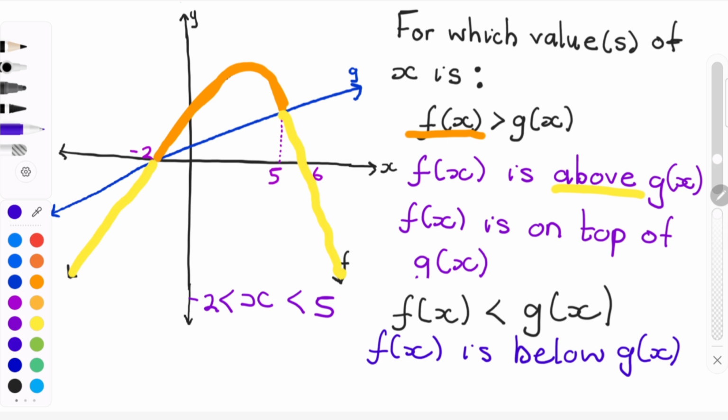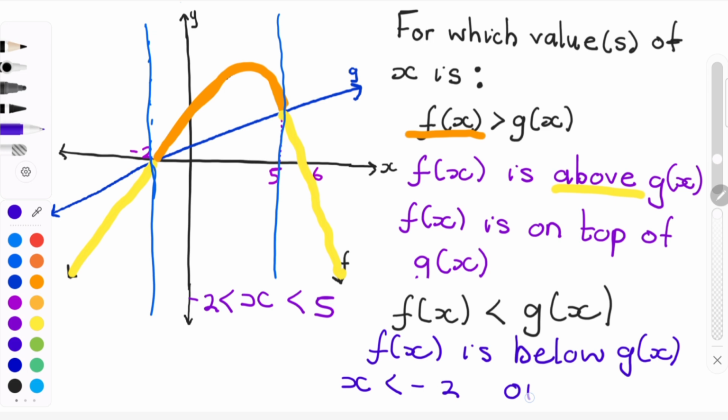We can see on this side, f of x is below g of x to the left of -2, and also to the right of 5, f of x is below g of x. So our answer would be when x is less than -2 or when x is greater than 5.